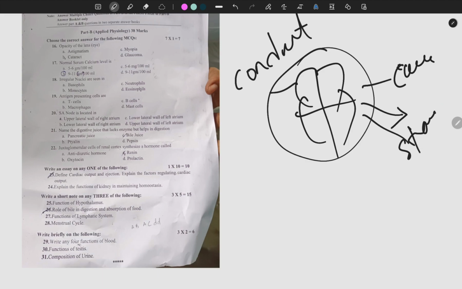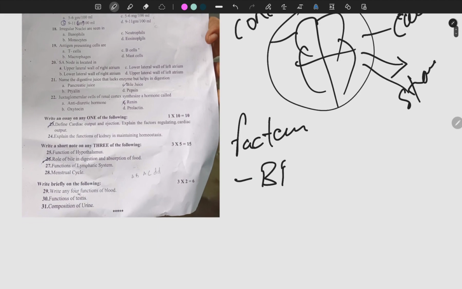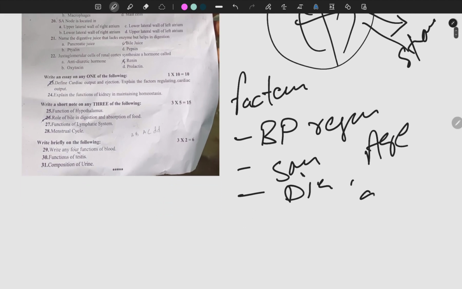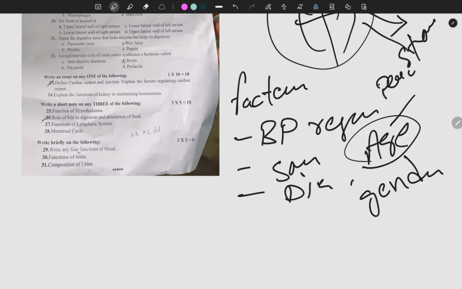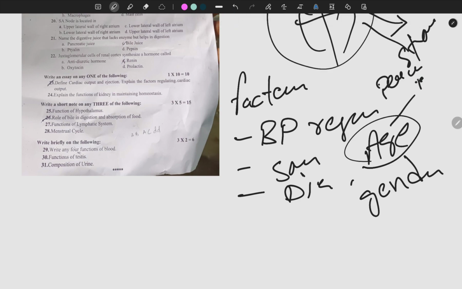Okay, and next you have to write about the factors. Factors are nothing but BP regulating factors. For example, smoking, diet, and age, gender. Okay, for example, if you take the age in pediatrics, the amount of blood will be lower.